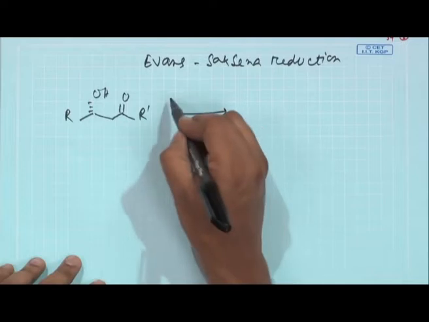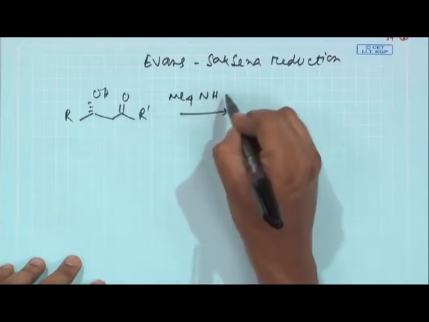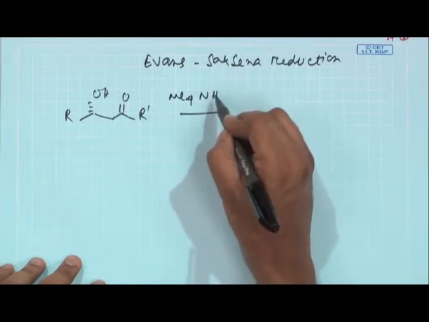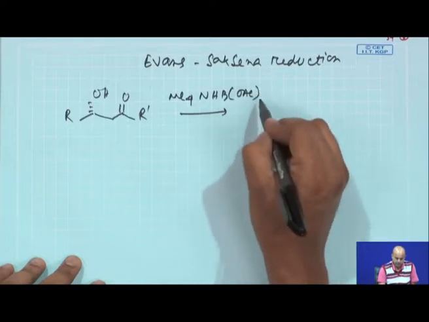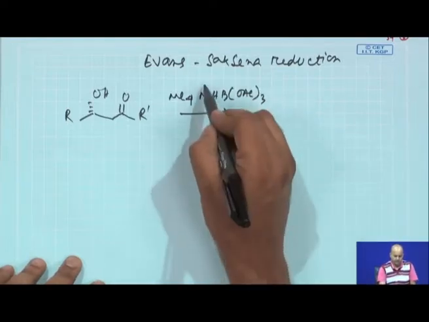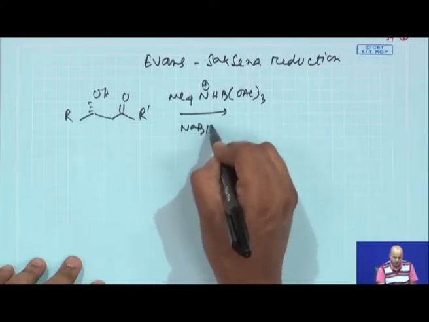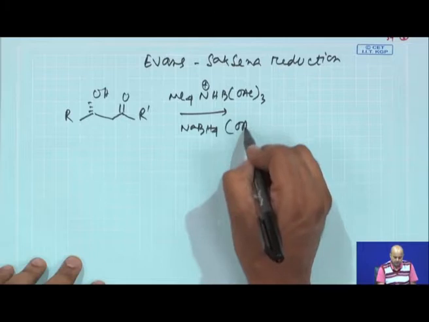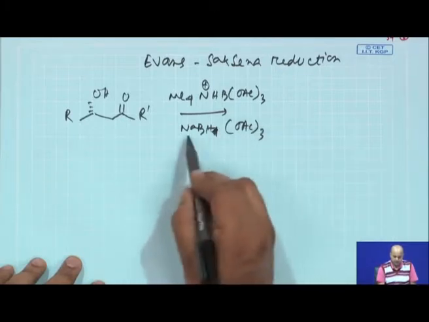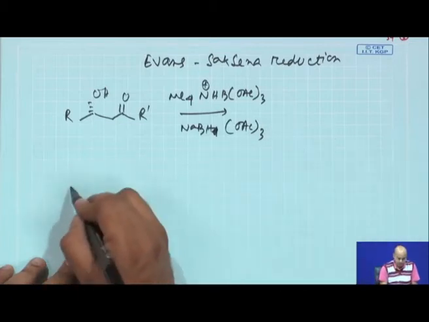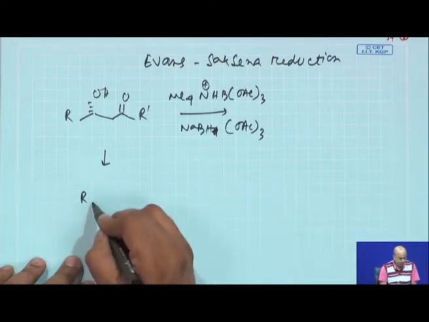Now, you use tetramethylammonium triacetoxyborohydride, Me4N+, or you can use sodium triacetoxyborohydride, NaBH(OAc)3. So, NaBH(OAc)3. Now, the reaction goes this kind of way.